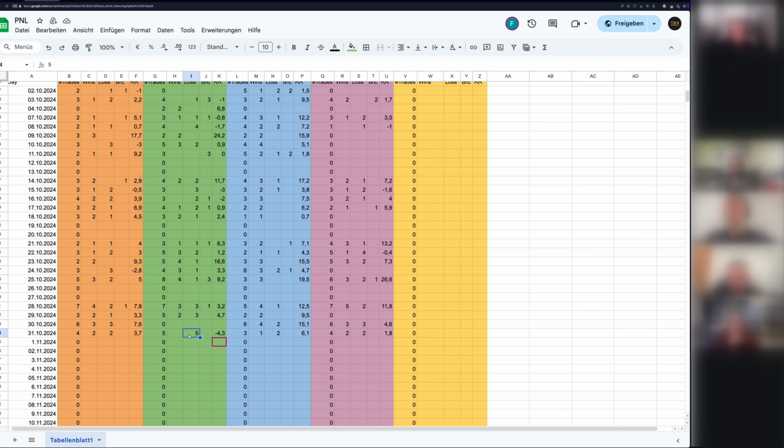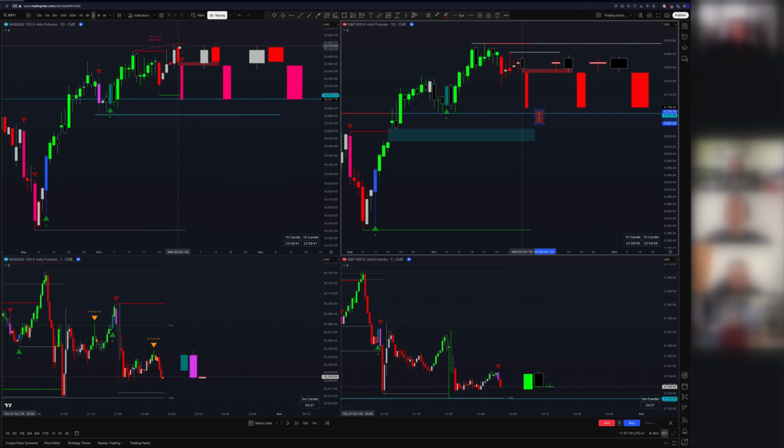Okay. Yeah, I think especially on days like this where the daily bias was rather clear, it is important to stick to the daily bias. It was not so much the days before because there was sometimes not a clear daily bias. I think on days like this, you have to be flexible.